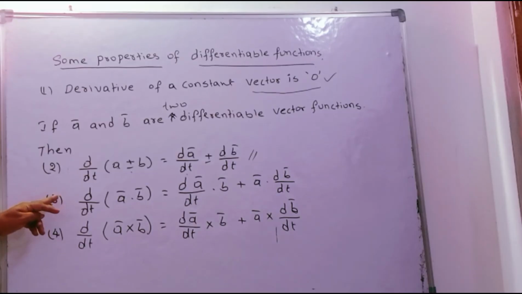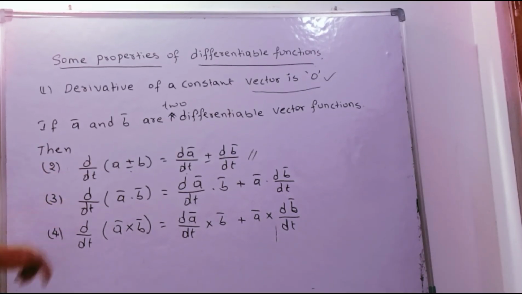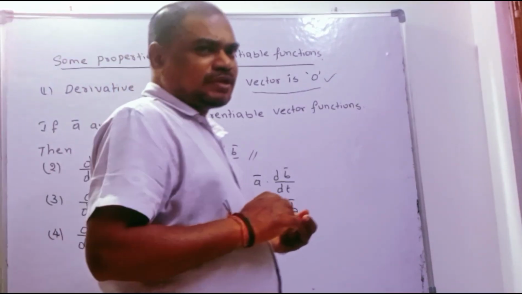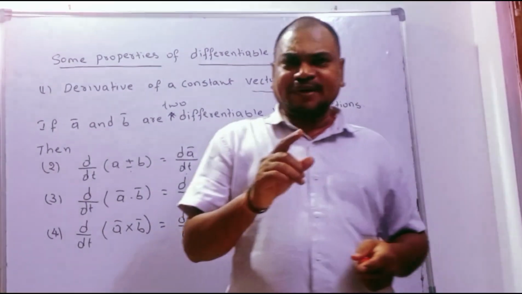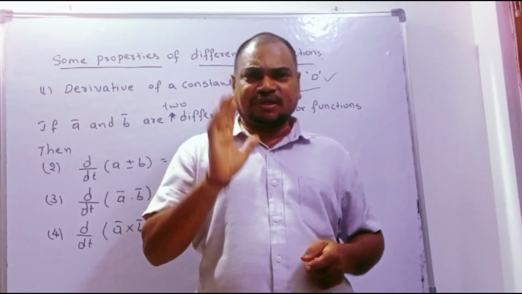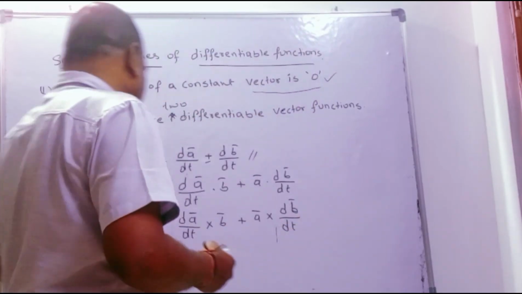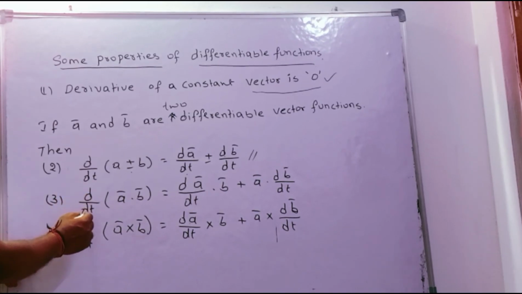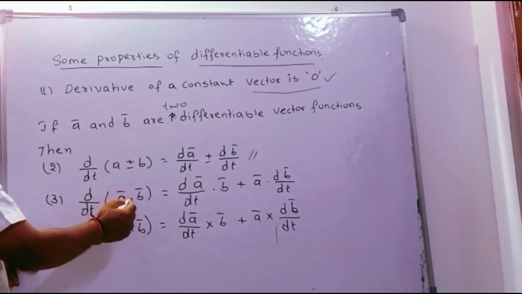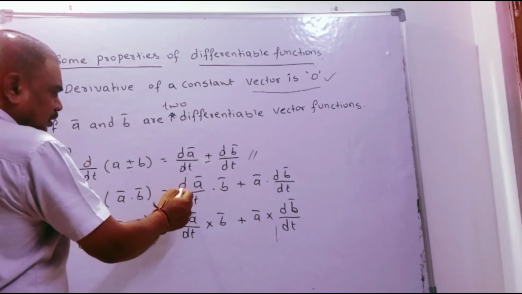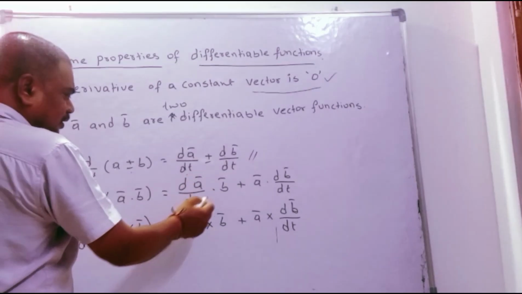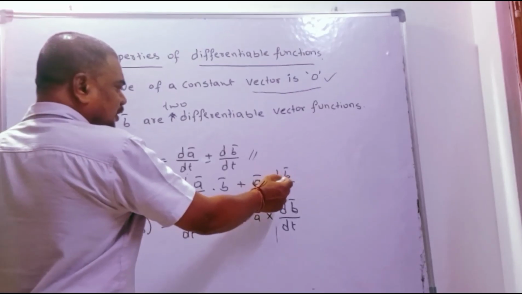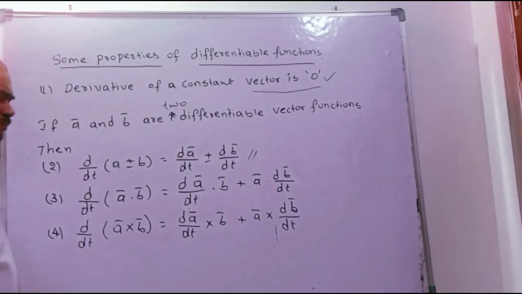And the third result. Here in vectors, two types of products are there: dot product and cross product. We know that. For the dot product, we represent A vector dot B vector. So d by dt of A vector dot B vector equal to dA bar by dt dot B bar plus A bar dot dB bar by dt.